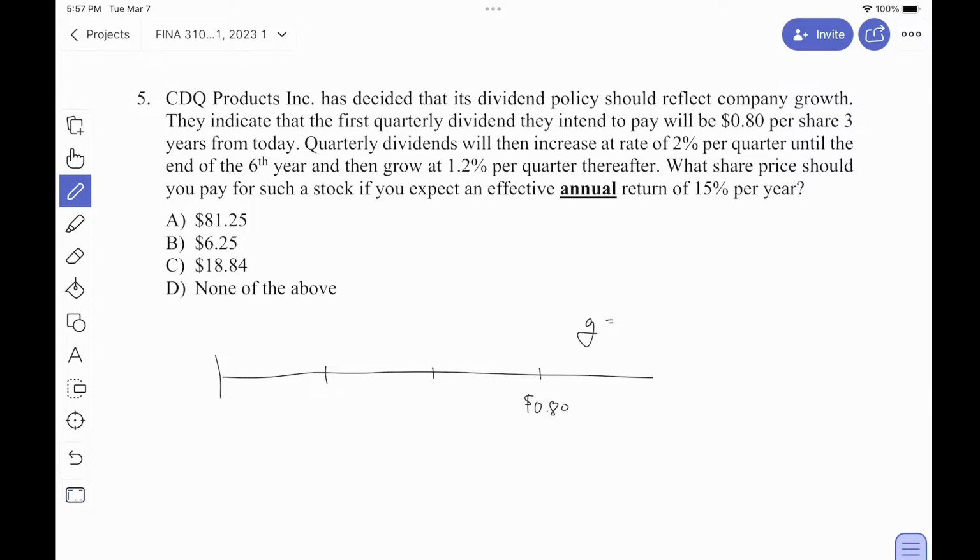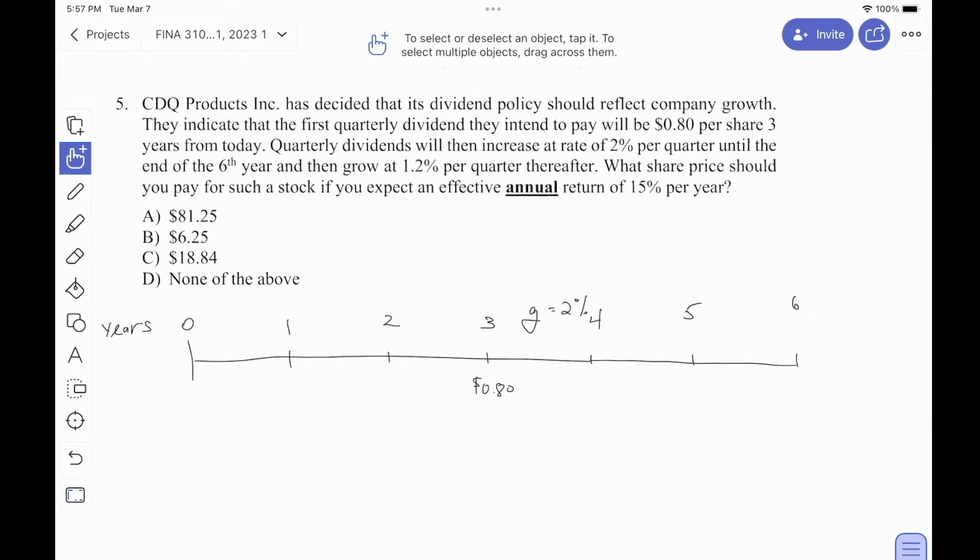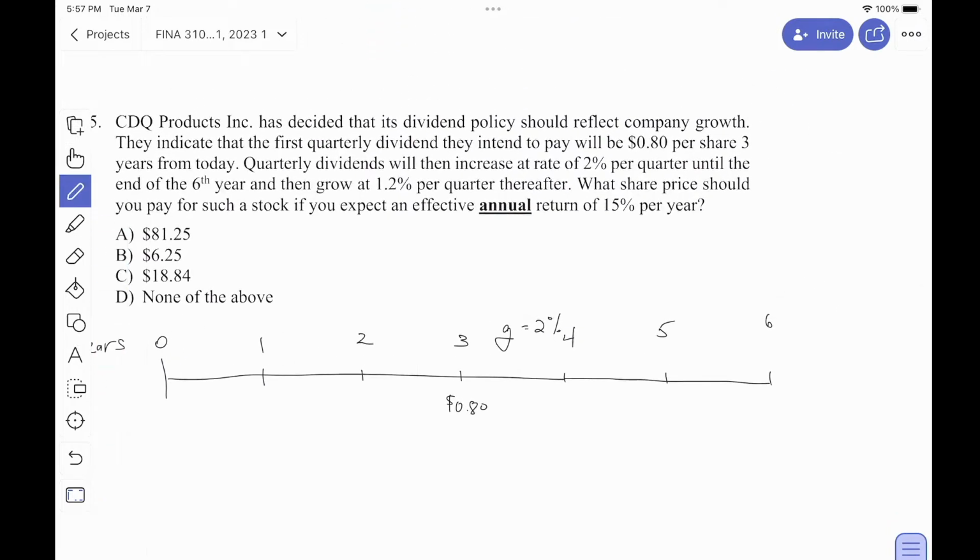So G initially is 2%. So this is going to be 0. These are in years. And we have 4, 5, and 6. And that goes forever after.